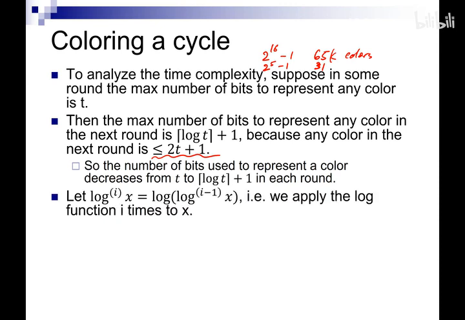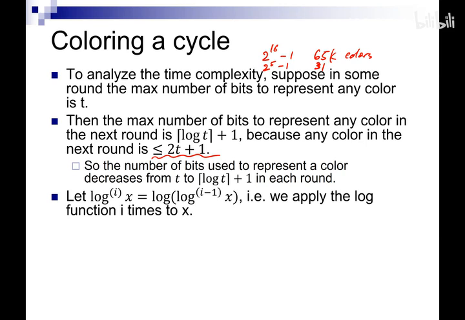Okay, so now to do that analysis more rigorously, let's define this new function, which is called the iterated log function. Log iterated i times on x simply means that you take x, and then you take its log, and then you do that i times.